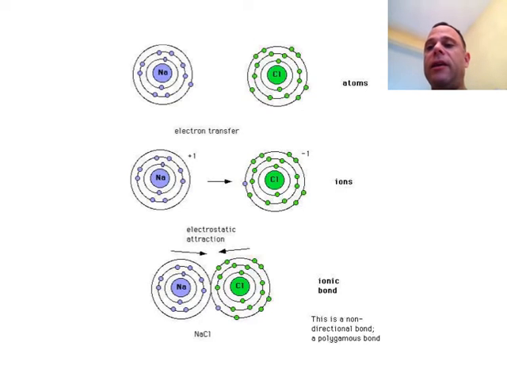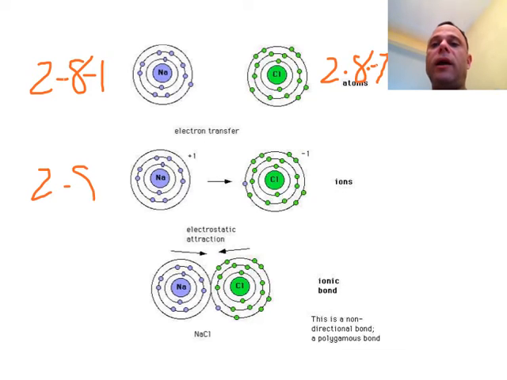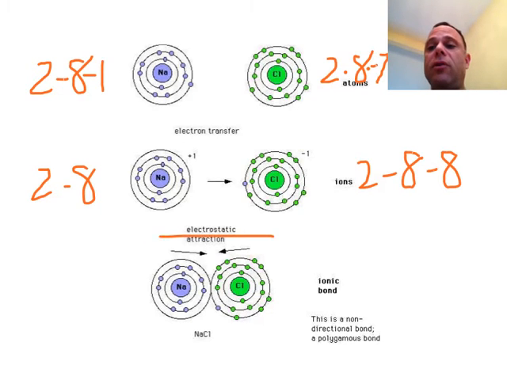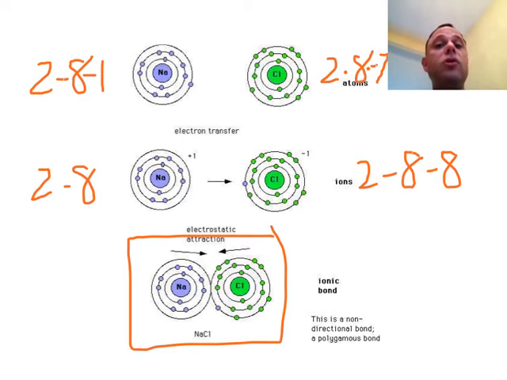So we ended up getting at first 2, 8, 1. This was 2, 8, 7. This is now 2, 8, while this is 2, 8, 8. They're both stable, and because they need each other, they chemically combine, and this is called sodium chloride, the same salt you put on your French fries. On the next slide, we'll see a situation where it's not a 1-to-1 ratio.